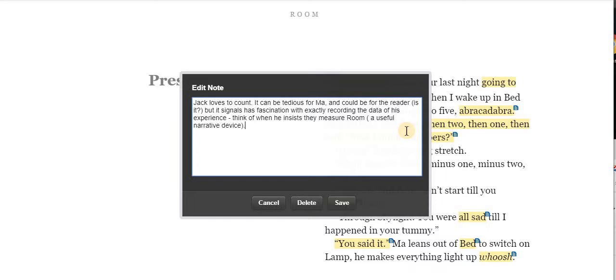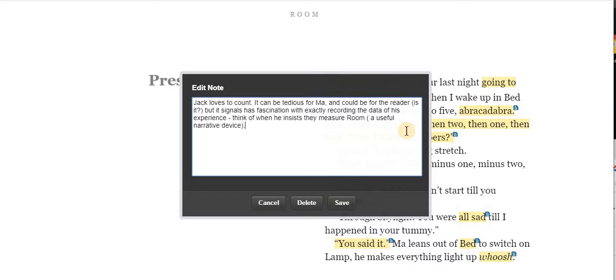You know, looking at the ways in which he's not limited and the ways in which his unreliability is counterbalanced. When he measures room, his measurements are absolutely reliable. So he discusses his methodology with Ma. He discusses the limitations of it, the accuracy of it.